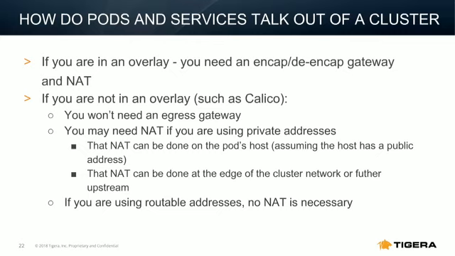So if you're using an overlay, you have to have an encap, de-encap gateway, hopefully more than one of them, hopefully auto-scaling. If you're not in an overlay, you still may or may not need to do NAT, depending on your address space.